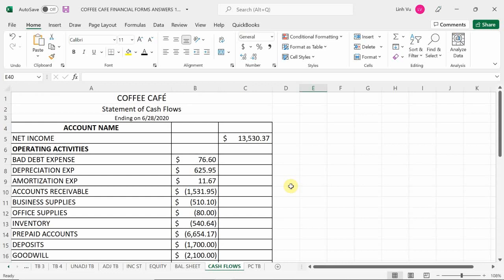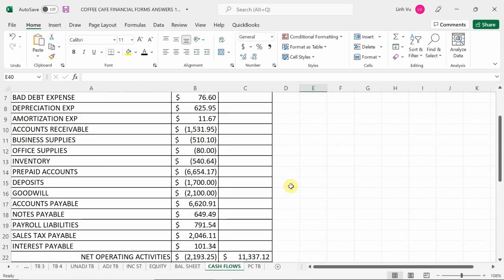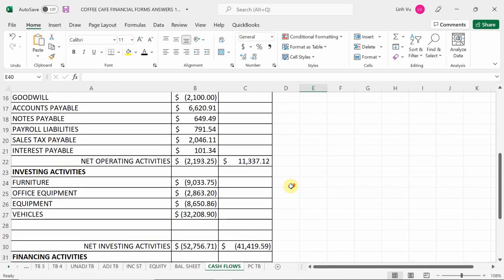And then yes, you would definitely use your balance sheet for the rest of the information. However, the balance sheet includes all the adjusted values. So you have to use your unadjusted trial balance to plug in all those extra numbers that you need to have. But yes, except for equity, that's just because that's part of financing.